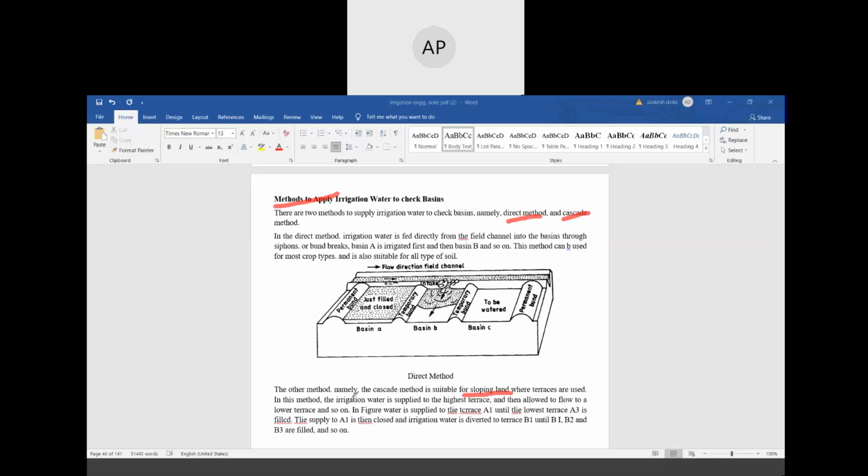In this method, the irrigation water is supplied to the highest terrace and then allowed to flow to a lower terrace and so on.